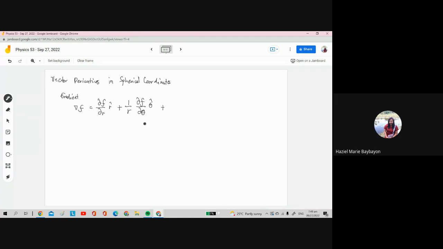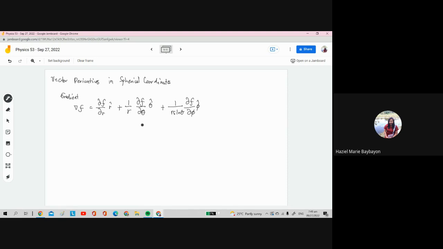And then the last term is 1 over r sine theta, feeling na ko kay na-derive na po ni siya ninyo sa inyong mathematical physics, phi hat. You just need to review your notes sa math physics class. Okay. So this has been derived from the Cartesian padulong diri sa spherical coordinates.